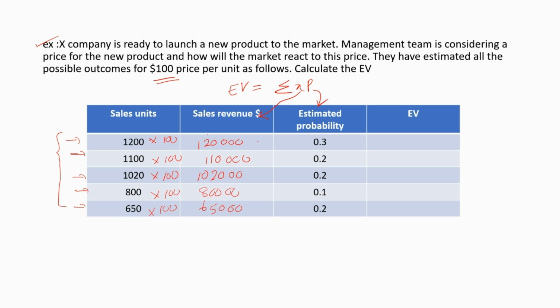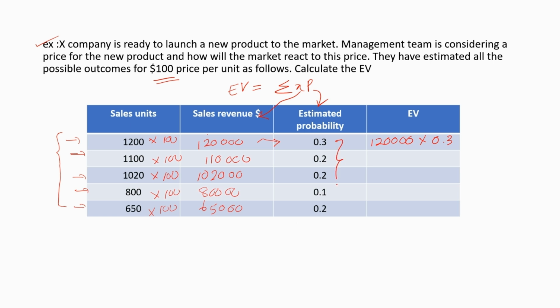Now we can simply multiply each outcome by the respective probability. So the expected value for the first outcome is 120,000 multiplied by 0.3. When a project considers all the possible outcomes, the estimated probabilities should equal 1.